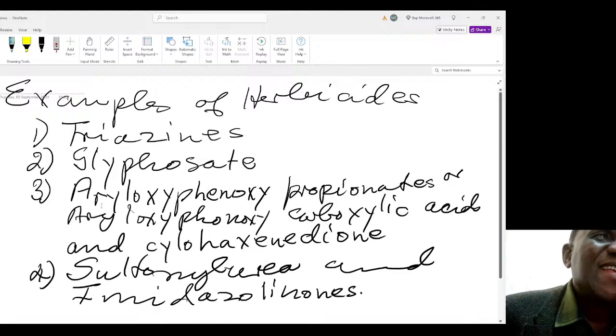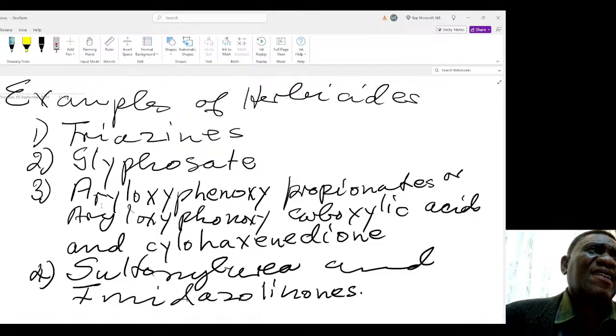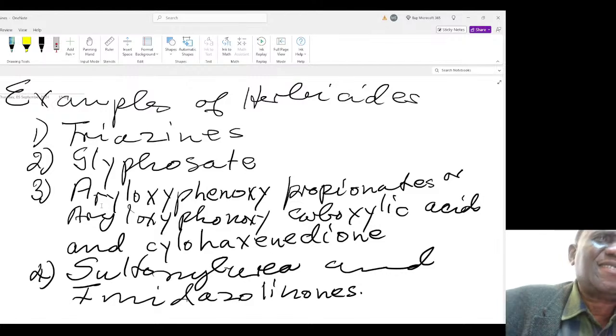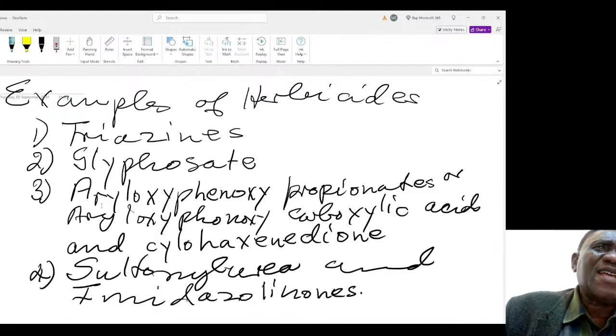So what we are saying is that within these families, the triazines, the glyphosate, allyloxyphenoxypropionates, or allyloxyphenoxycarboxylic acids, and cyclohexene-diones.